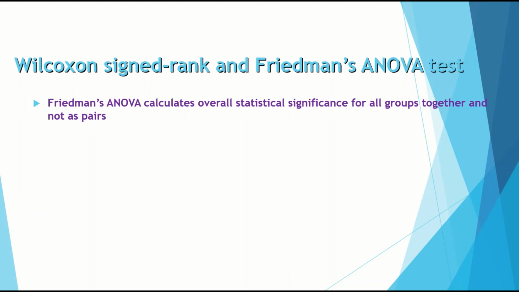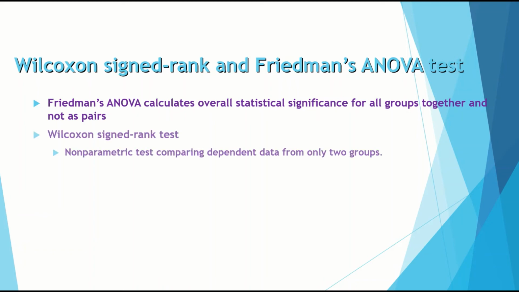So if you have 3 or more, or 5 or 6 groups and so on, the test will give you a p-value for the difference between all the groups, but not specify which 2 groups are significant and which are not.